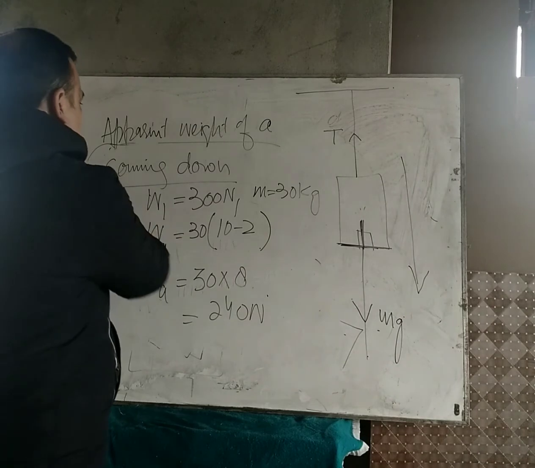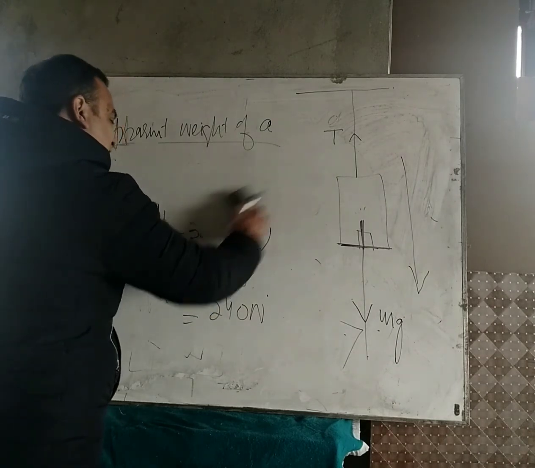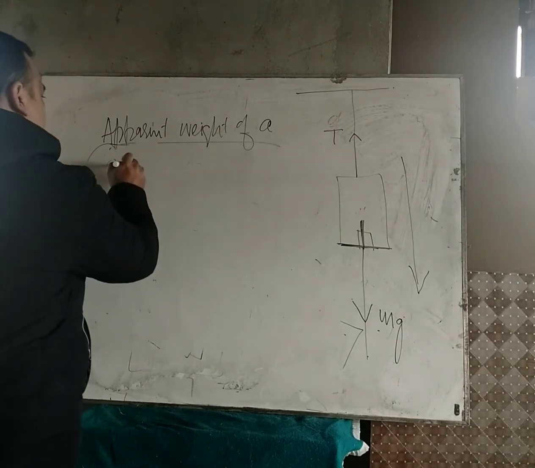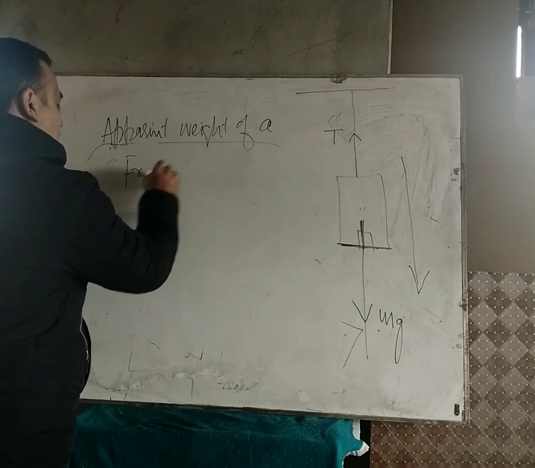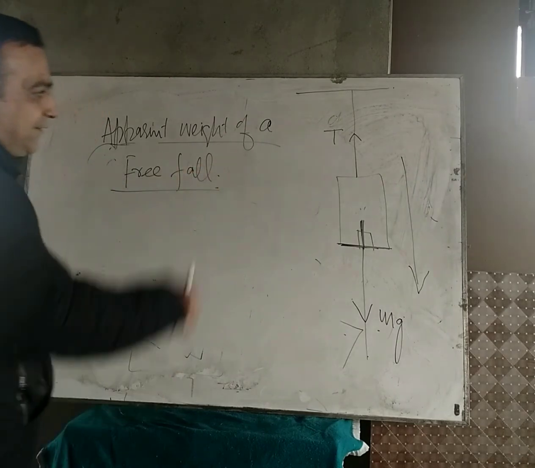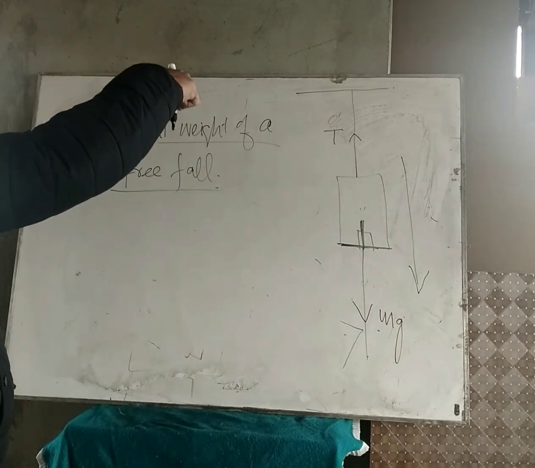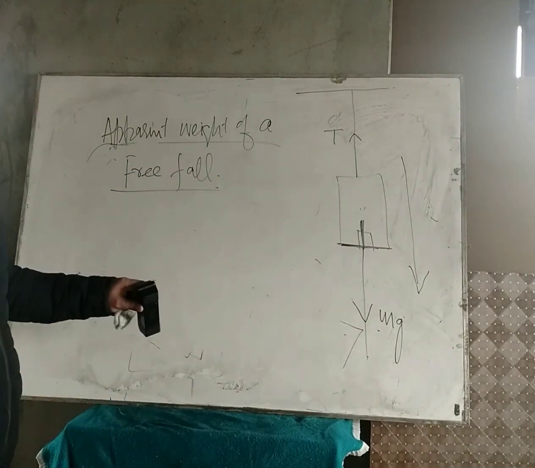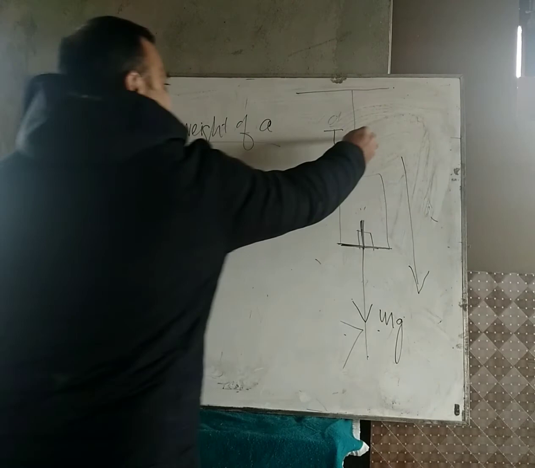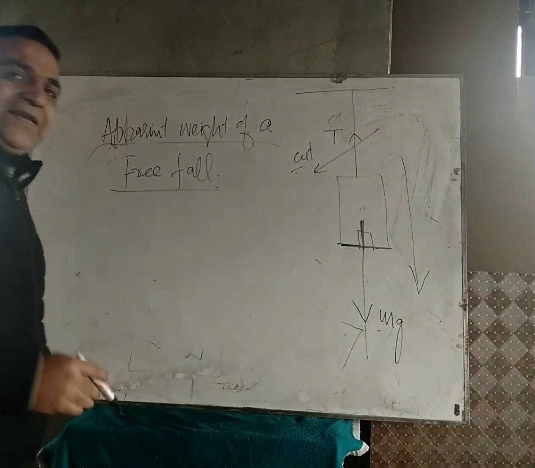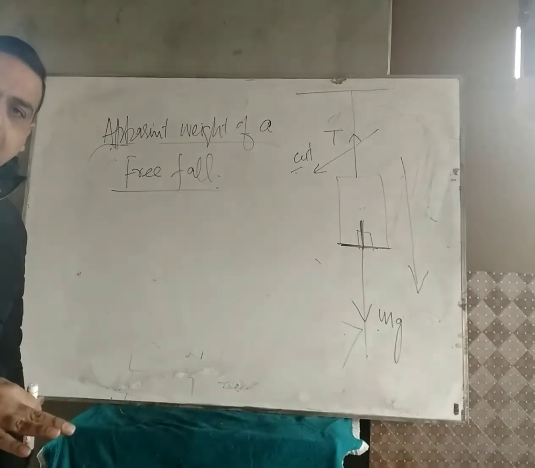Now, the last case, a very important case, is the free fall. This lift is coming down, and at some instant of time, its rope is cut. When the rope is cut, the lift falls freely in air.